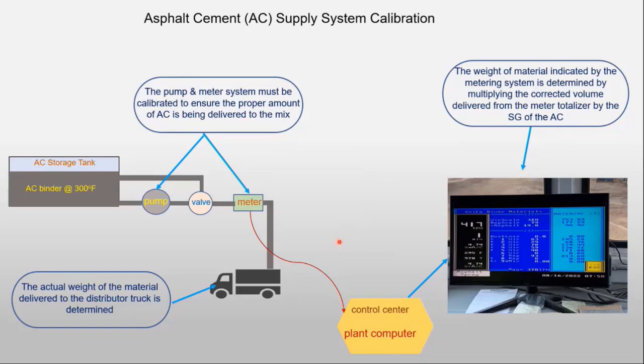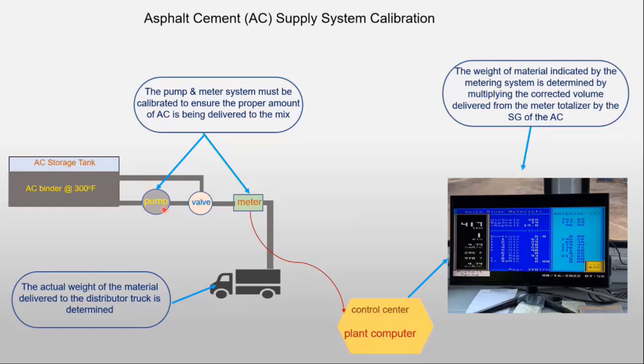In the case of the asphalt, it's very important that the supply system, the whole plant itself, is delivering the right amount of material to everything. As far as the asphalt is concerned, the way they calibrate it is, once again, we've got the tanks, the hot gallons.